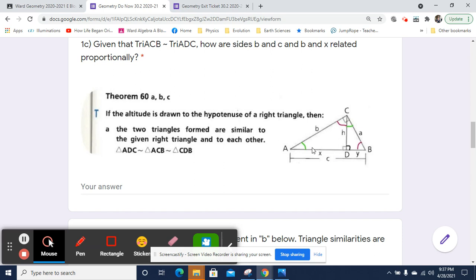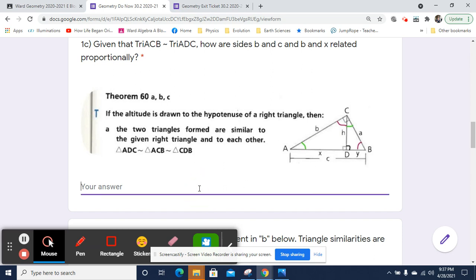So we've got B as a longer leg and X as a longer leg. So they're going to hold the same position in this proportion. So what we can say is hypotenuse C is to leg B as hypotenuse B is to leg X.